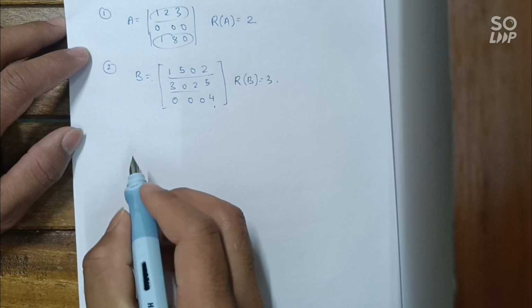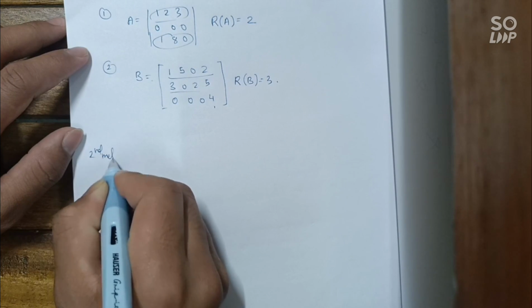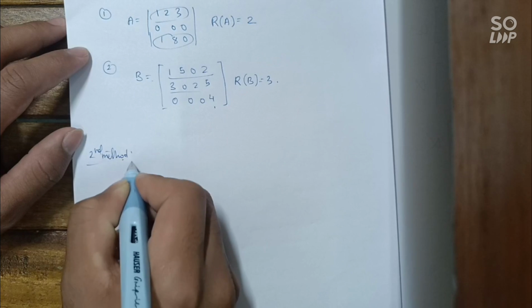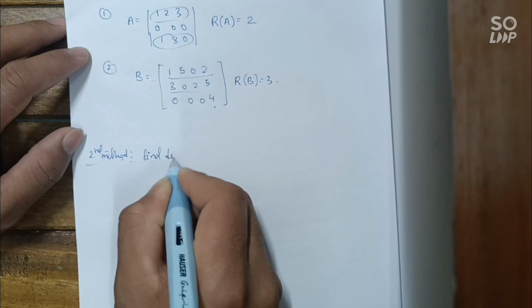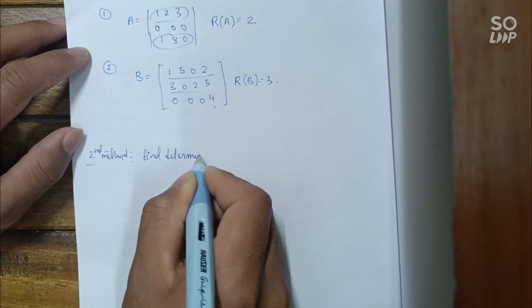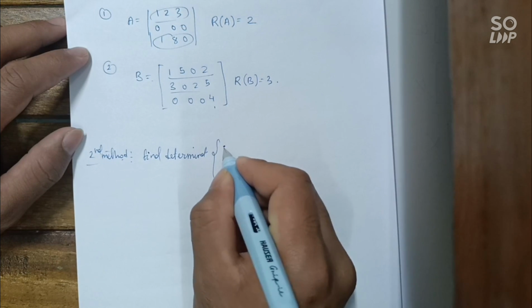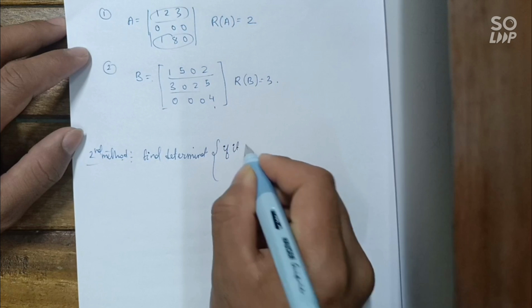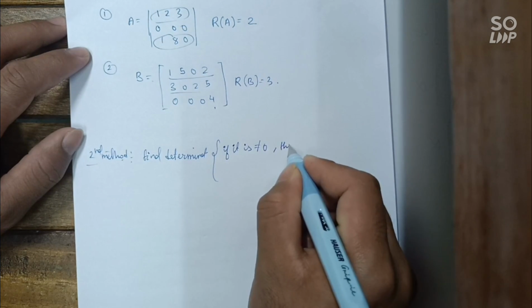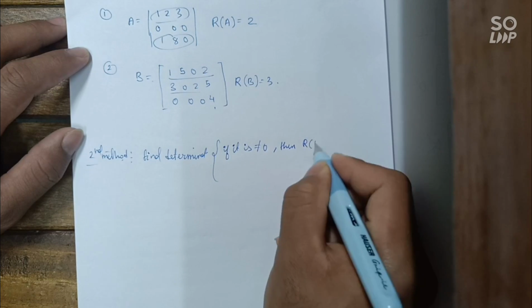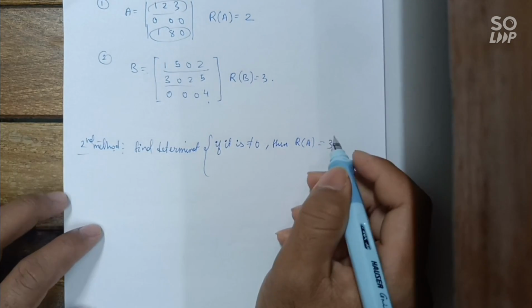Second method is by finding a determinant. So for the second method, if determinant is not equal to 0, then rank of matrix A will be 3.